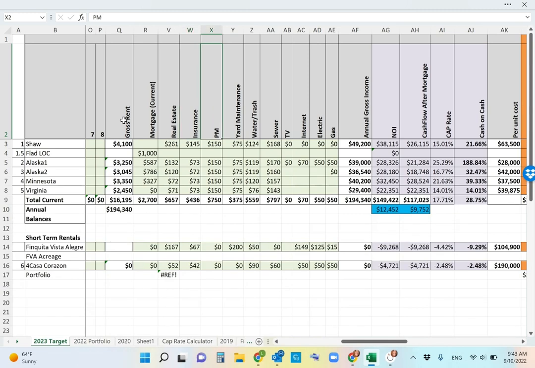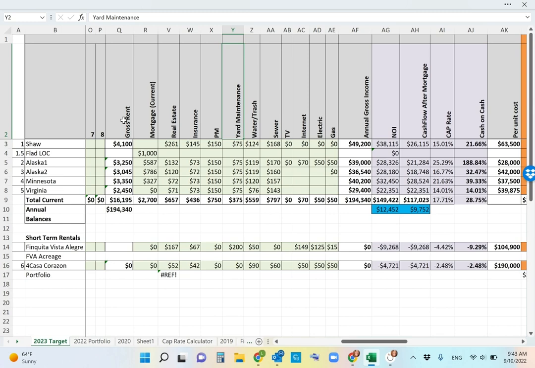It works for me. This is what my property management charges me for each property. This is what I project on spending in yard maintenance. All of these numbers are monthly, even though yard maintenance in St. Louis is really not for 12 full months. I just kind of project that because for me, it's not important to be super exact.